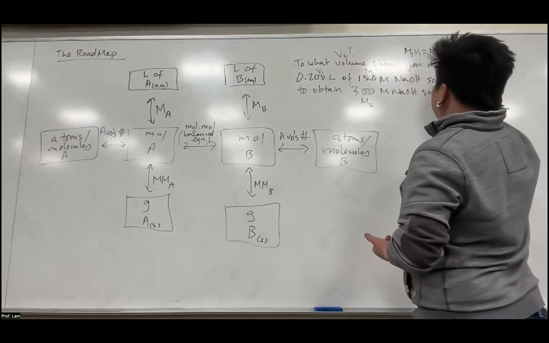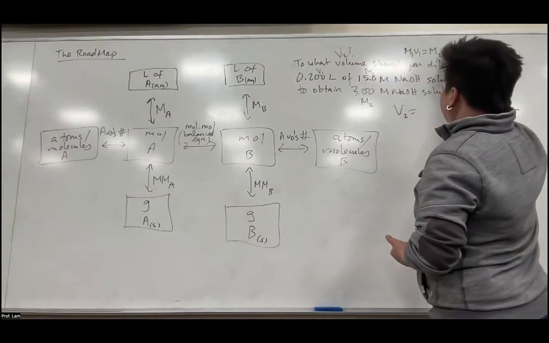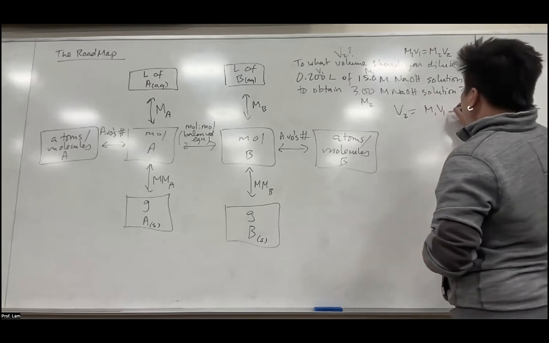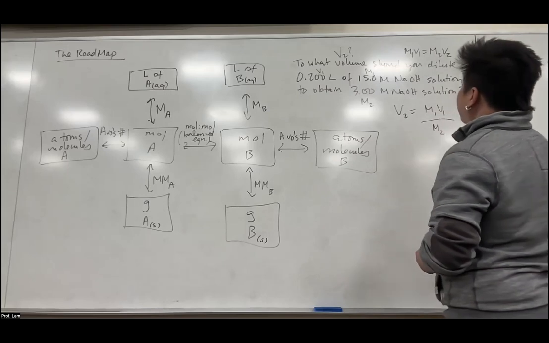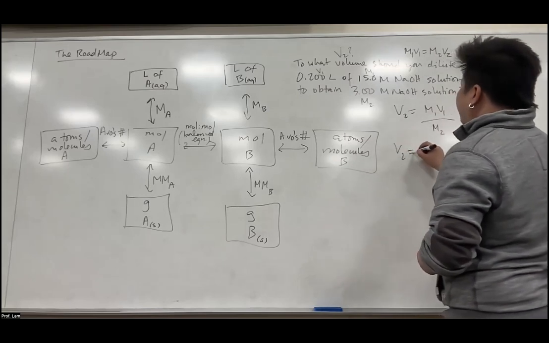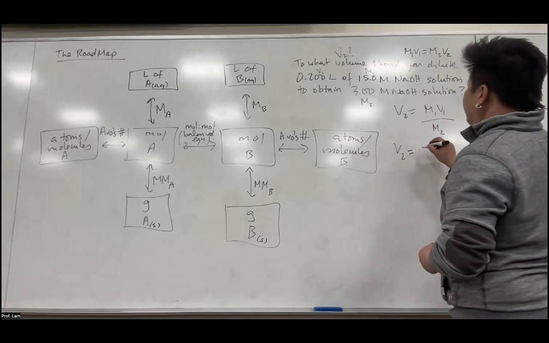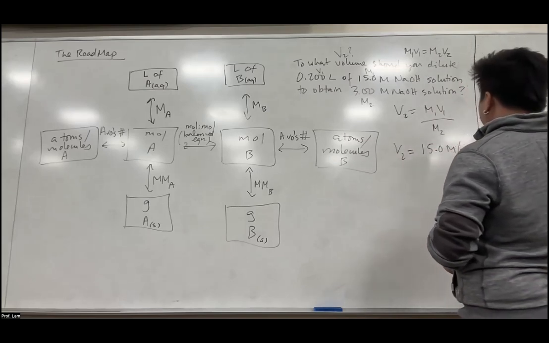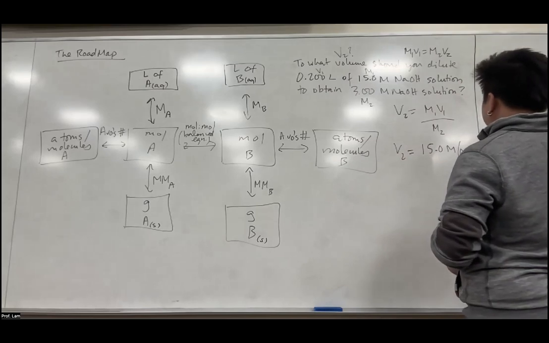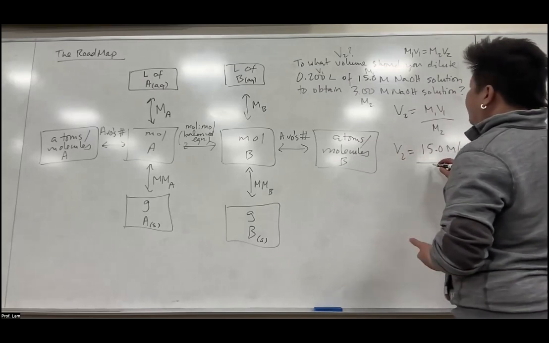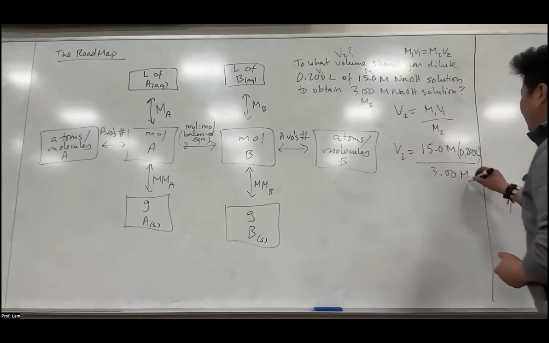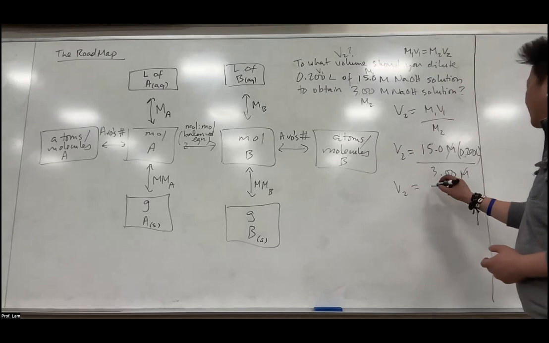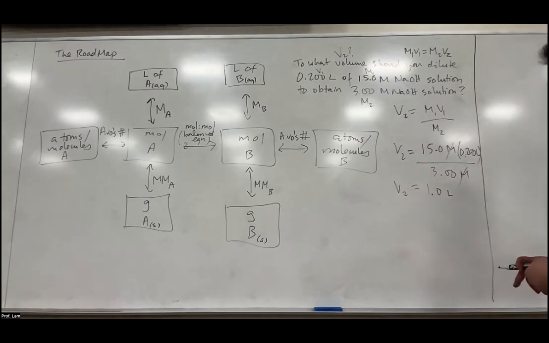So we don't know V2. So let's solve for V2, right? From our dilution equation, it's M1V1 over M2. Okay. So V2 will be M1, which is 15.0 molar, times V1, which is 0.200 liters, over M2, which is 3 molar. So molar cancels. V2 looks like 1 liter, right?